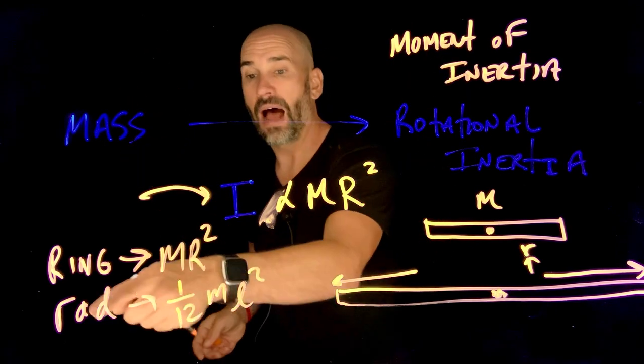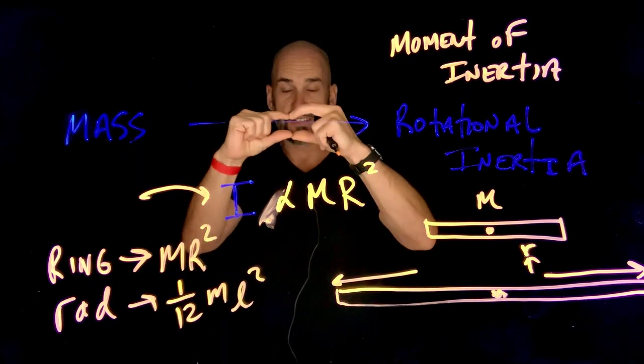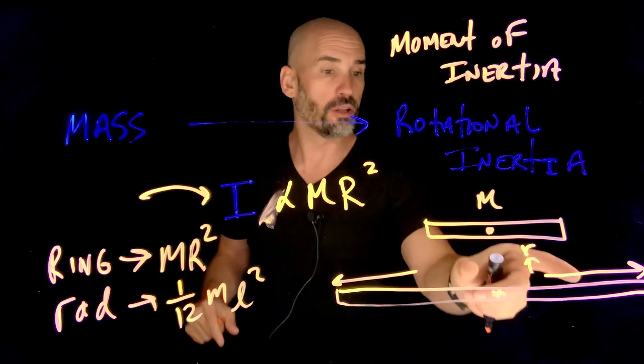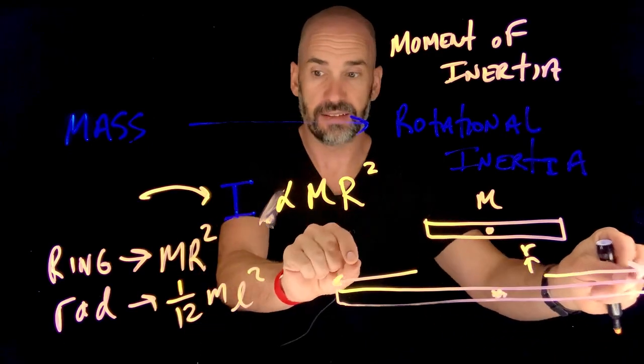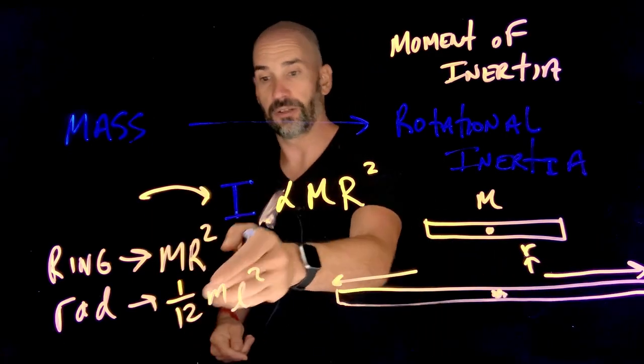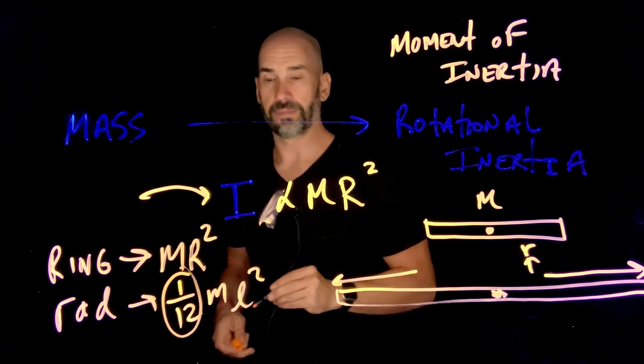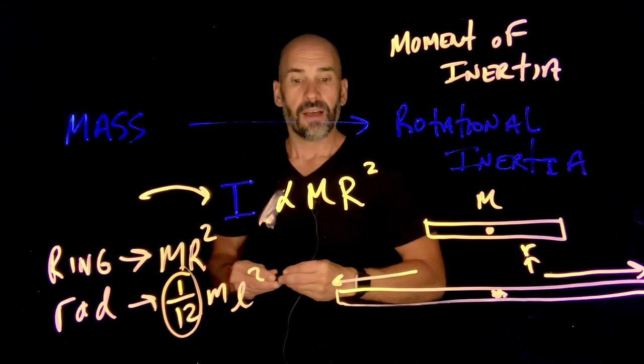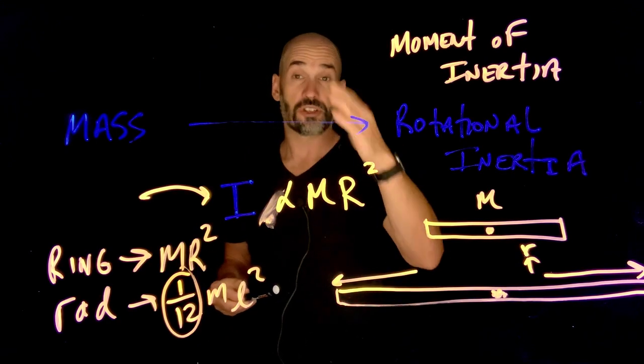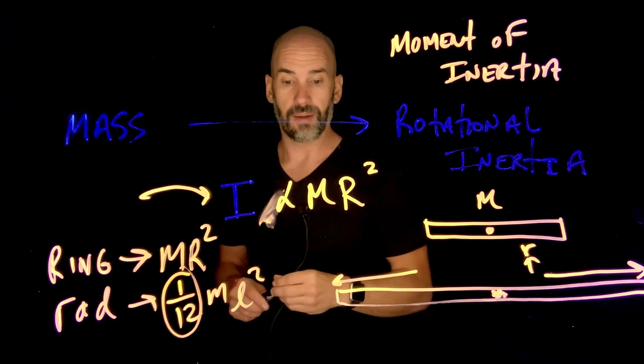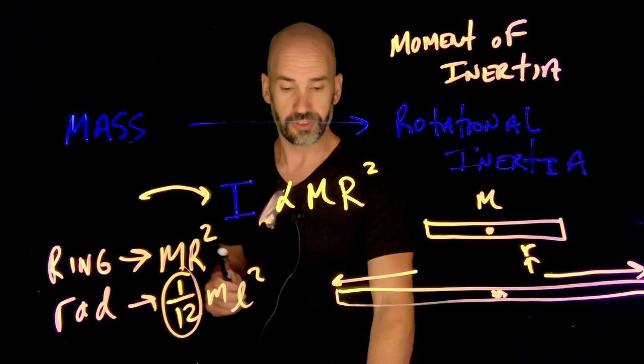And the rod, the mass is distributed throughout, so not all of the mass is focused at the ends, which makes it a little bit easier to rotate. We're going to deal with moment of inertia much more in the next chapter, and you'll see it then.